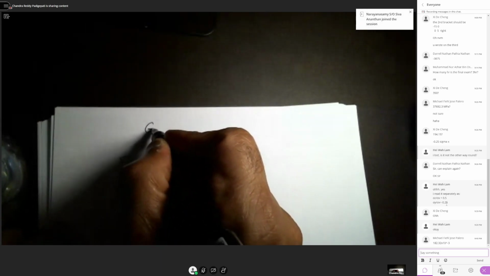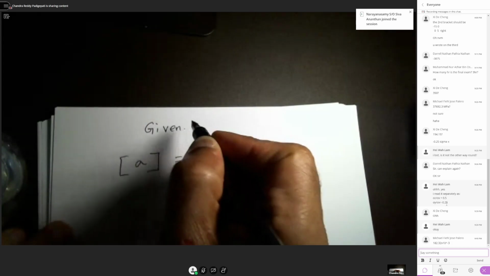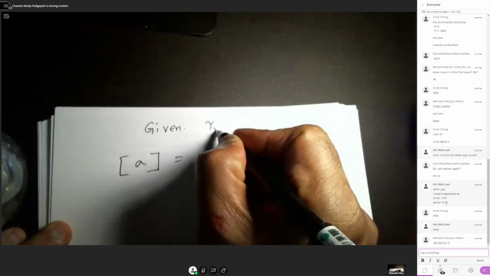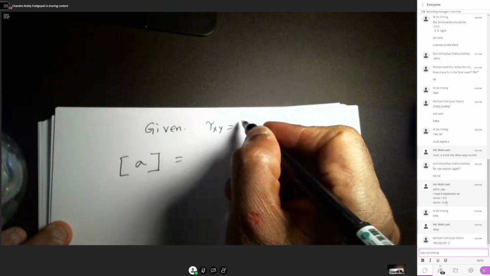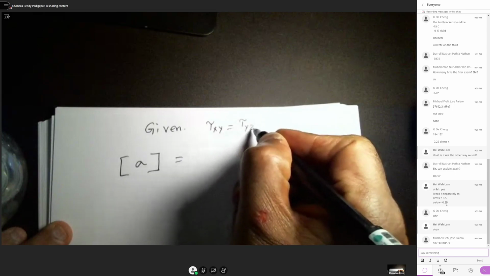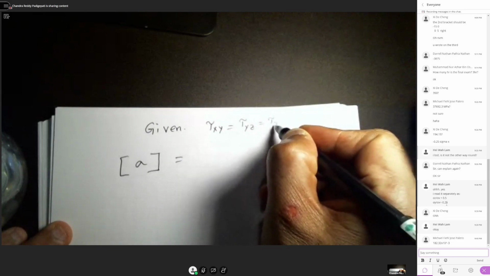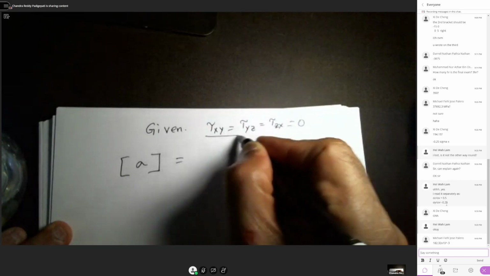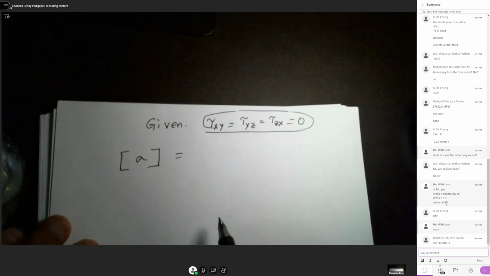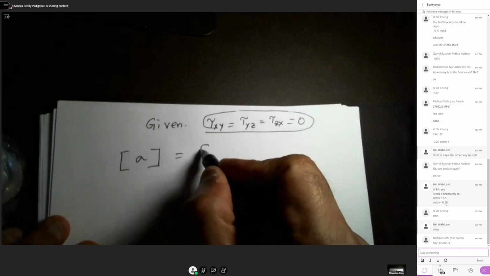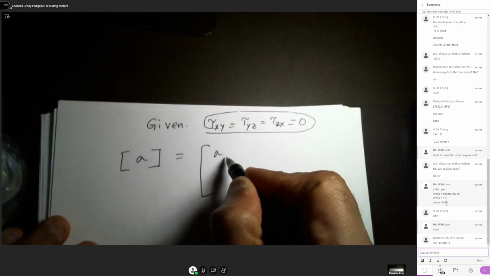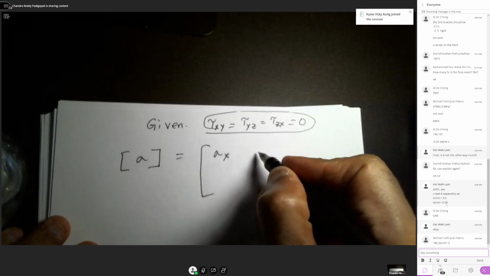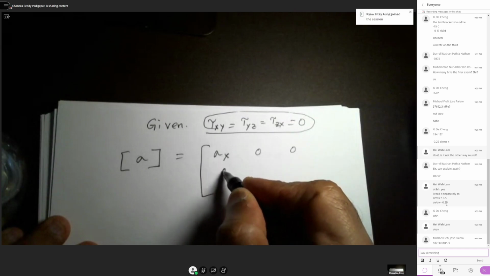In the question, it was given that the shear stress xy, shear stress yz and shear stress zx are equal to 0. That means all the shear stress components are 0. Therefore, we can write the stress tensor only in terms of the normal stress components: sigma x, 0, 0.